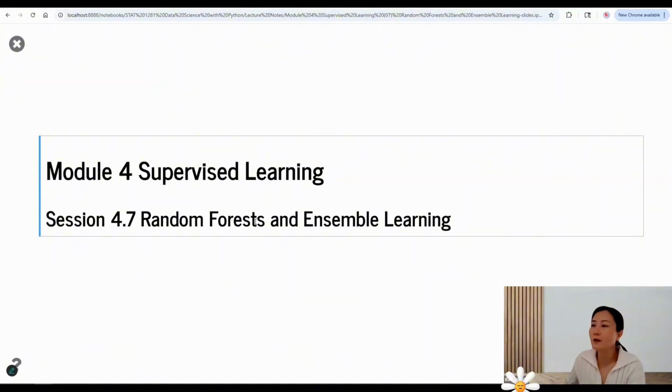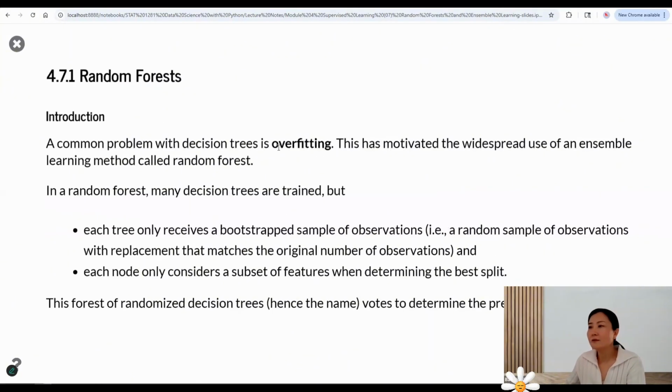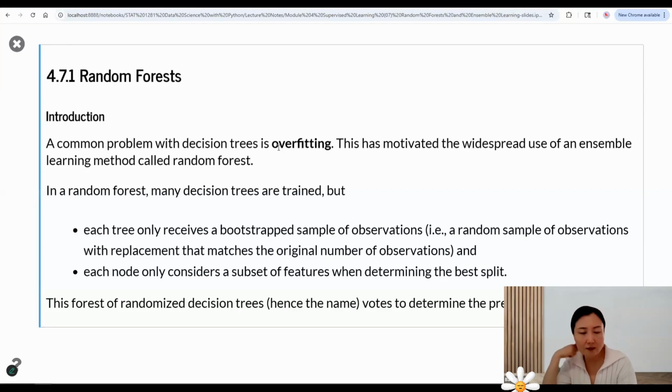All right. Let's move on to the next section. We'll just quickly talk about random forests. Random forest is an extension of decision tree. It's a forest of decision trees. Because decision trees are very easy to overfit the data, we can extend decision trees to random forest so that it will overcome this overfitting problem.